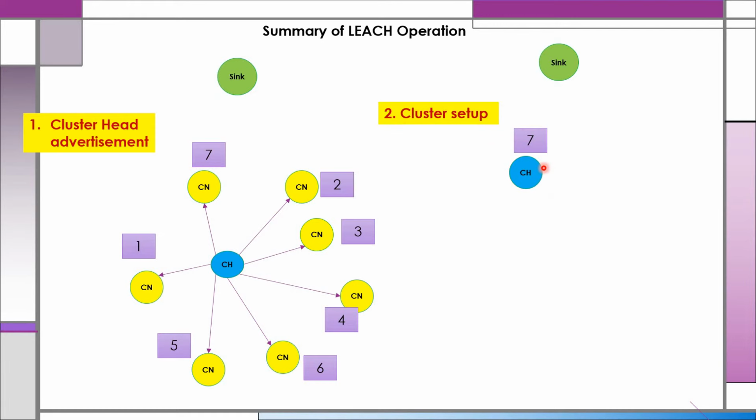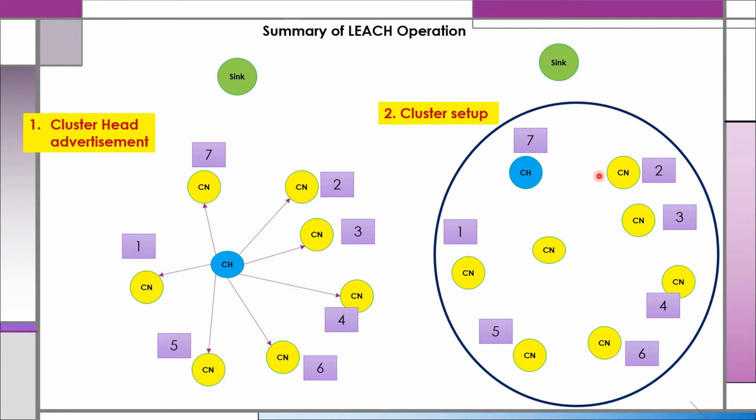Once this node becomes the cluster head, it will form a cluster. It will send an advertisement message to all the nearby nodes within this particular coverage area. Then they will give a response, or acceptance message, to the cluster head.